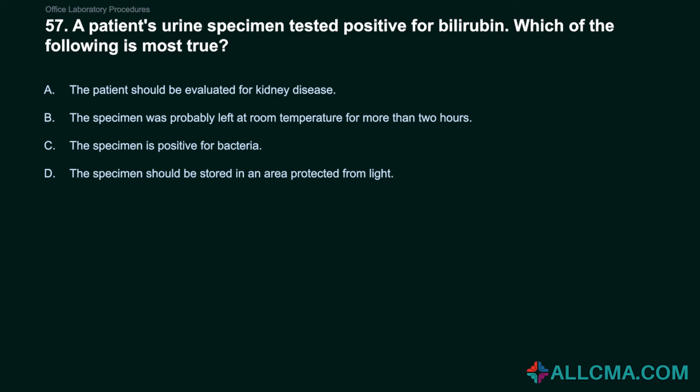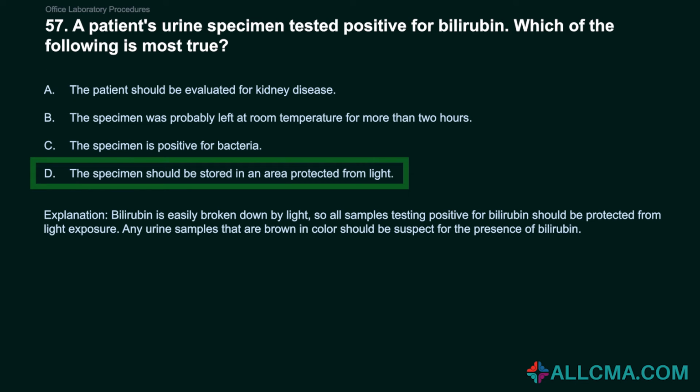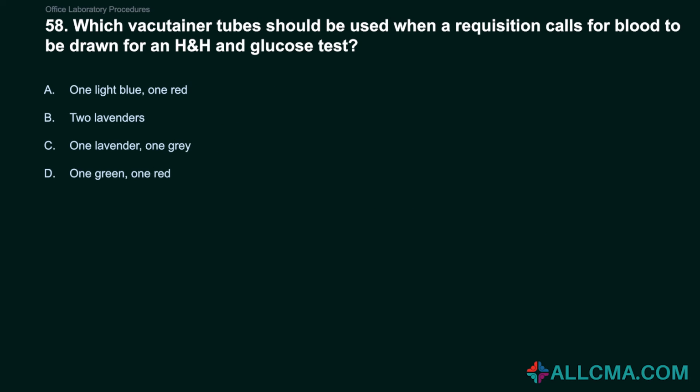D. The specimen should be stored in an area protected from light. Correct answer, D. Bilirubin is easily broken down by light, so all samples testing positive for bilirubin should be protected from light exposure. Any urine samples that are brown in color should be suspect for the presence of bilirubin.